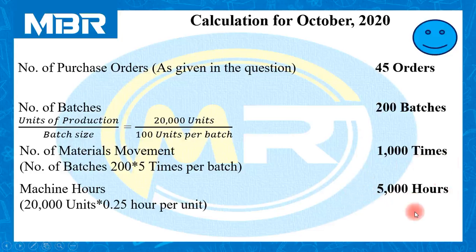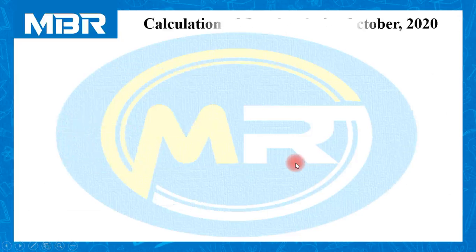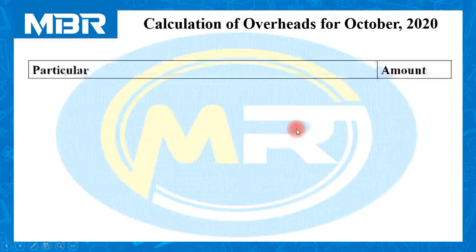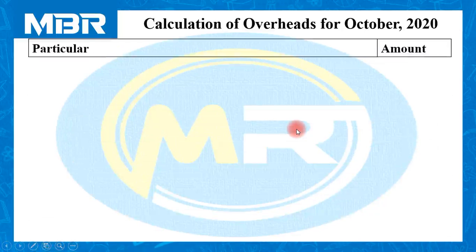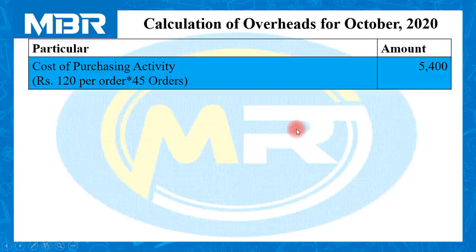So we have decided the different cost drivers utilized for the period of October 2020. Now using this information, we need to prepare a statement, and in this statement we will calculate overheads for October 2020. Particulars and amount. Cost of purchasing activity.